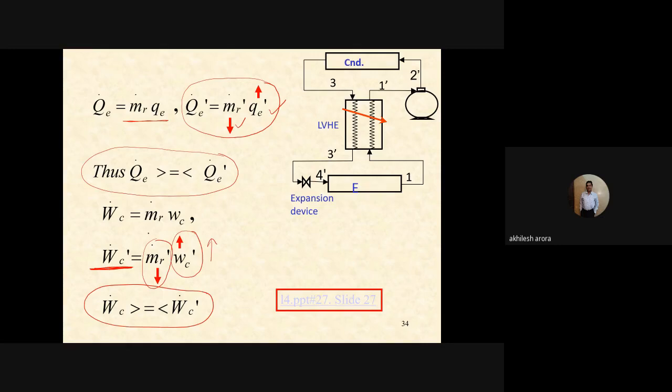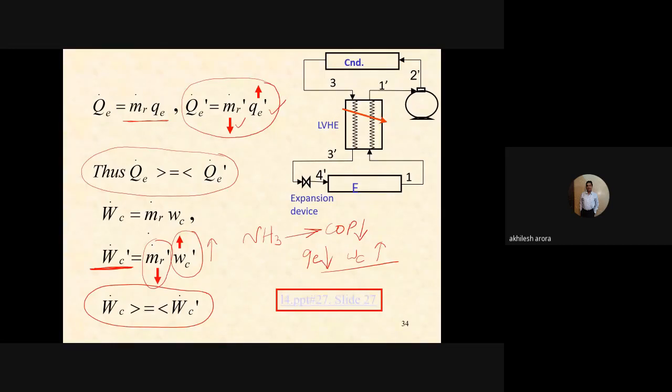Basically, when we employ a liquid vapor heat exchanger, and if ammonia is the refrigerant, in that particular case, COP goes down. QE also goes down in case of ammonia, and WC goes up. So in case of ammonia, by incorporating a liquid vapor heat exchanger, COP will go down.